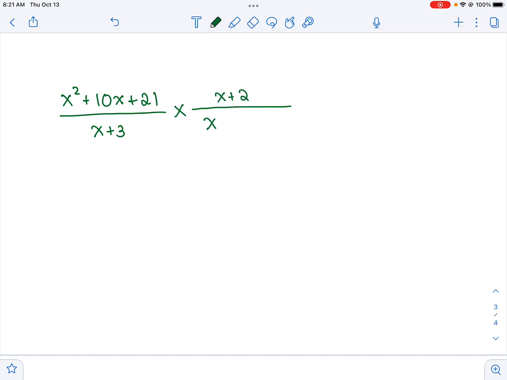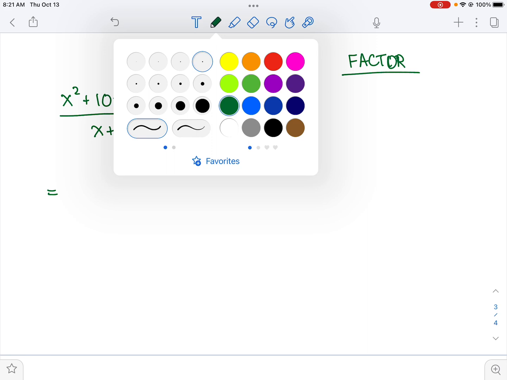Okay, and let's try a slightly trickier one. Let's say we had x squared plus 10x plus 21 divided by x plus 3, multiplied by another fraction, x plus 2 over x squared plus 9x plus 14. I want to simplify this. So what do I do? Factor first. Factor everything I possibly can.